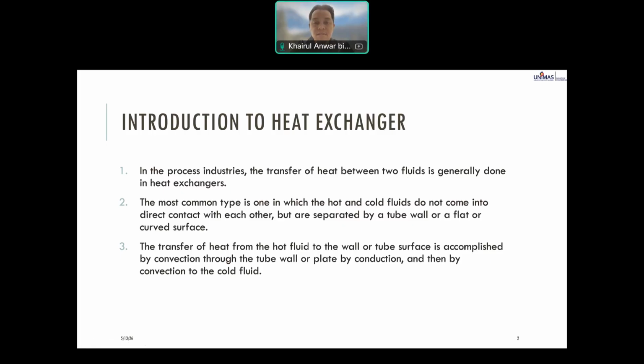The most common type is the one-to-one exchanger.